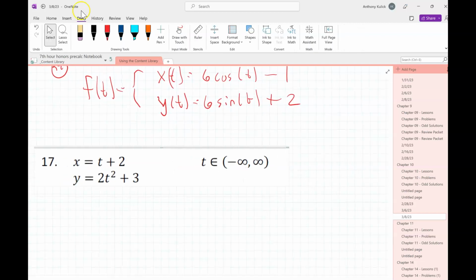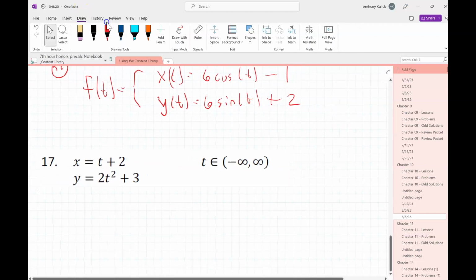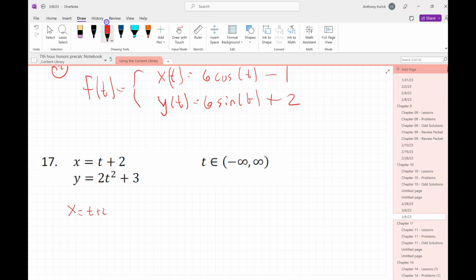All right. So again, first thing I'm going to do is eliminate the parameter. So I'm going to take my equation for x, solve that equation for t, and then plug that into y. So if I have x minus 2 squared, how do I simplify that?